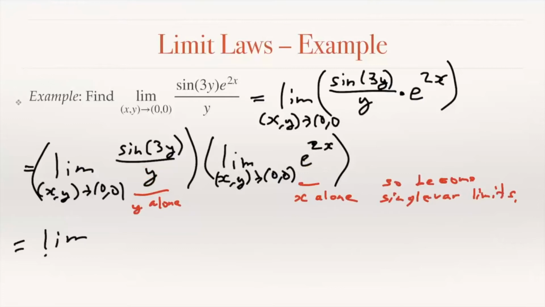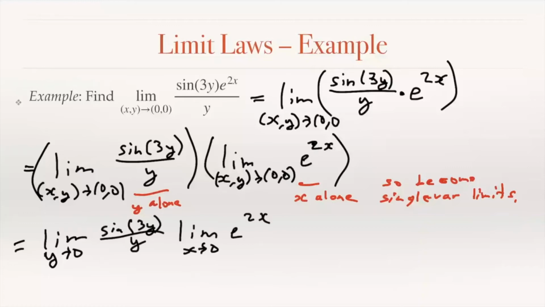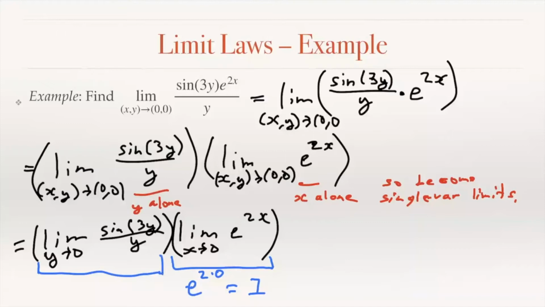So this is now just the limit as y approaches 0 of sine 3y over y, and this is the limit as x approaches 0 of e to the 2x. Now, e to the 2x is continuous, and this is thus just e to the 2 times 0, which is 1. And this one is of the form sine of 0, which is 0, over 0. This is of the form 0 over 0.